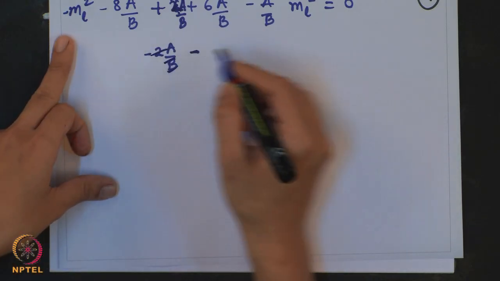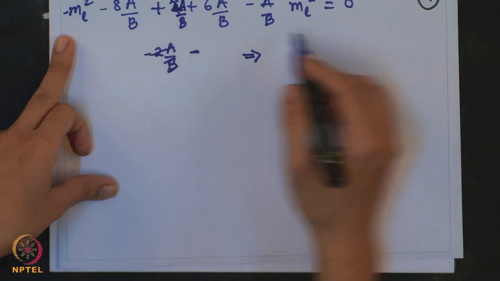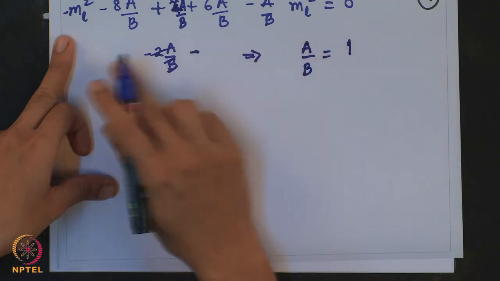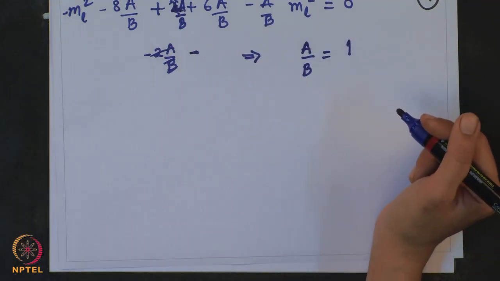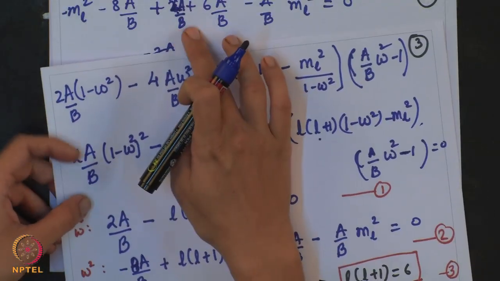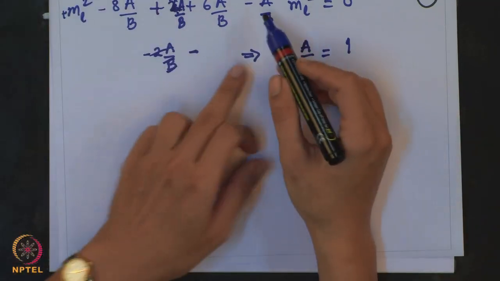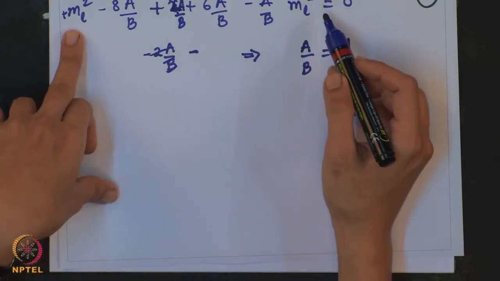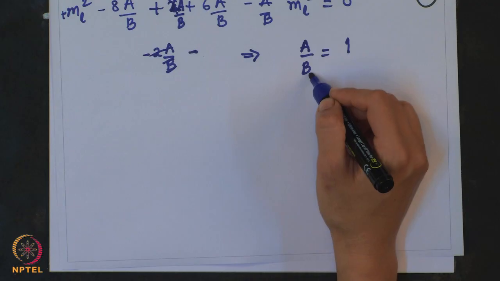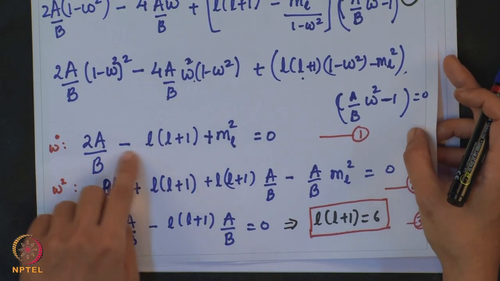Look at this, this is 0, and if A by B is 1, then only this is possible, right. So I have made the substitution from this equation, 2 A by B minus plus ml. So I had minus A by B ml square equal to ml square, which means A by B is 1. So when A by B is 1, here this is 2 minus 4 minus 6, that is minus 4.